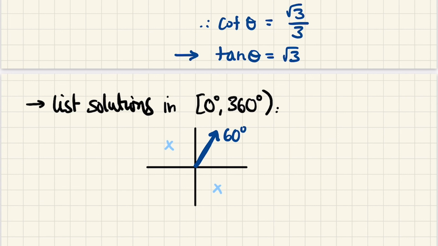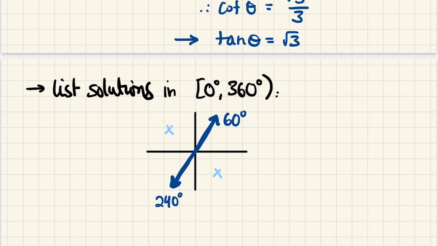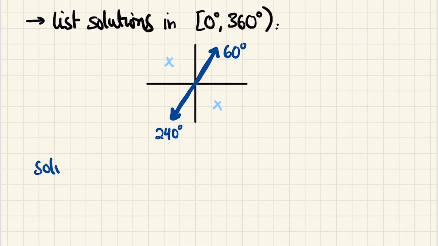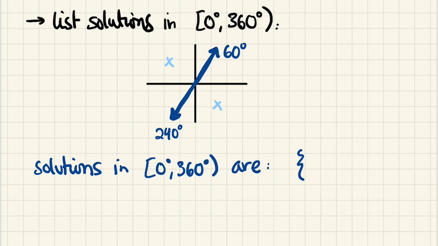And in the third quadrant, it'll be whatever the angle is that has a reference angle of 60 degrees. So of course, that would be 240 degrees. Okay, so at this point, we usually say something like the solutions in 0 to 360 are, and we just list the ones we found, 60 and 240.